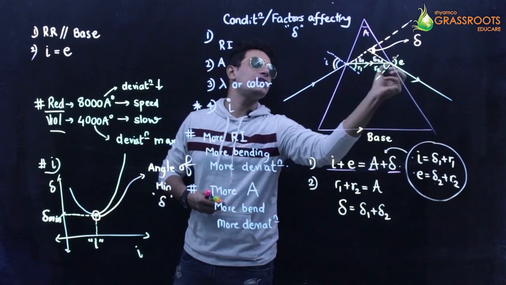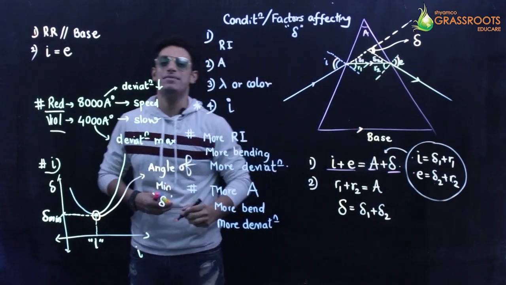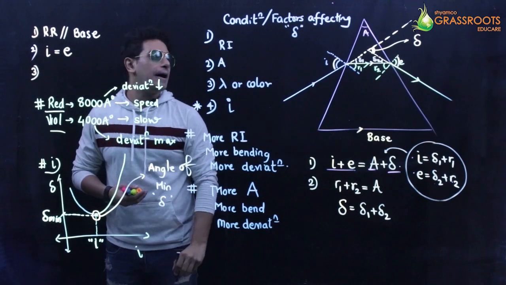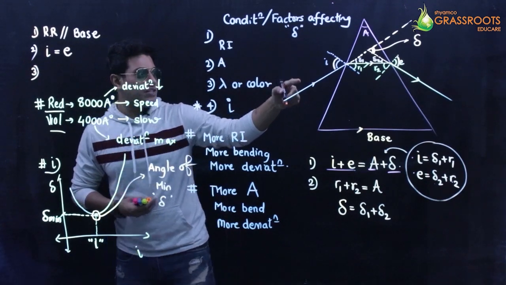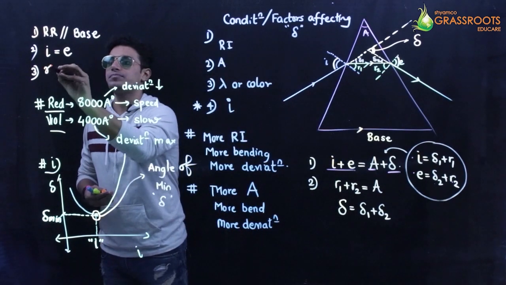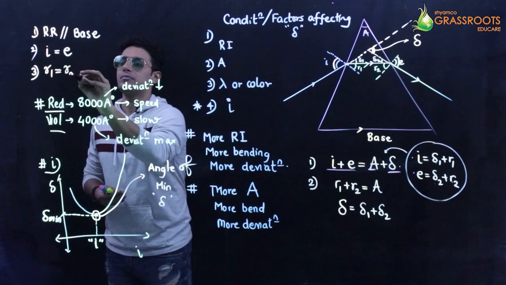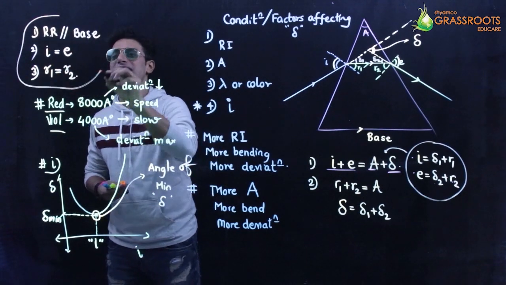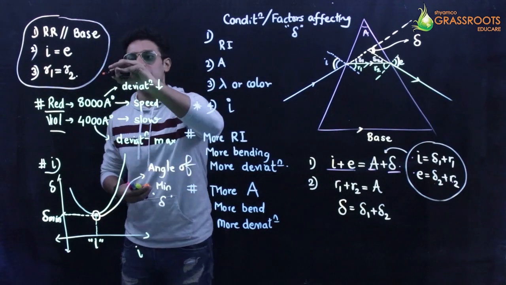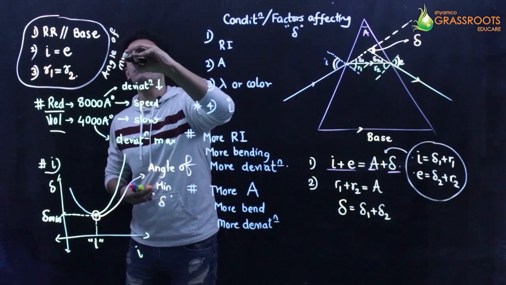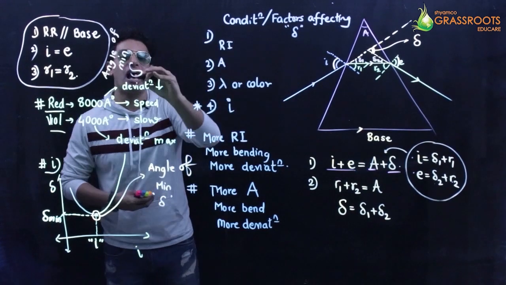Angle of incidence and angle of emergence are the same. That's what we observe. And third, what we observe is this R1 is equal to R2. And that's the three observations. These are the three observations for angle of minimum deviation, delta.